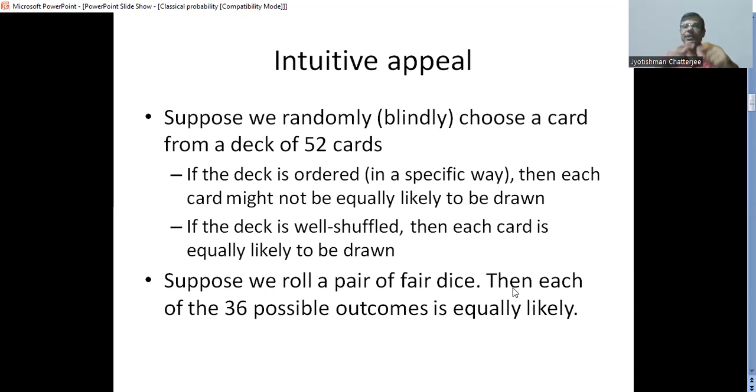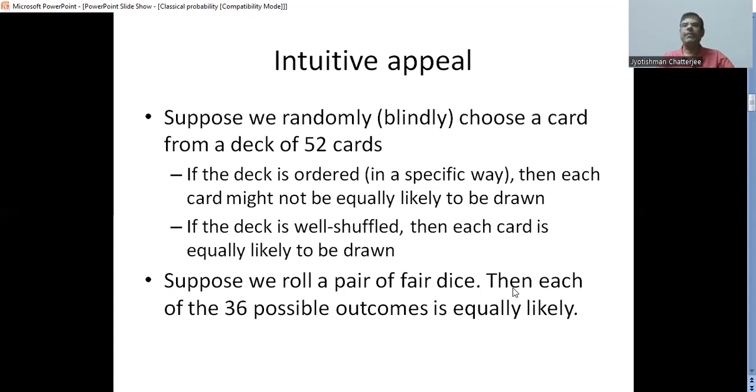Now, let's consider another case. Suppose I shuffle the cards well, blindly, and keep on shuffling, and then after having shuffled well enough, I keep the deck of cards. So I don't know which card occurs where, and then I blindly pick up a card.